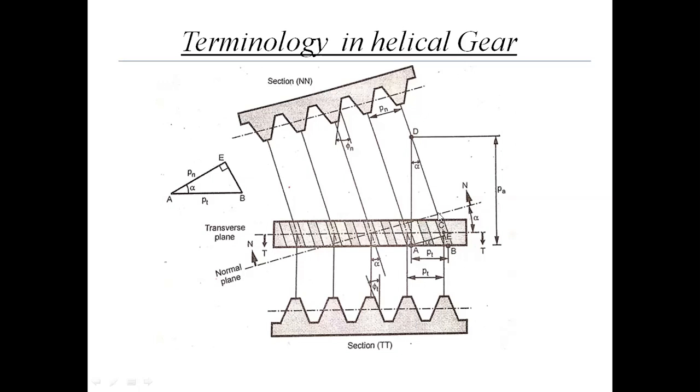When the teeth are making angle alpha with the axis of rotation, the line perpendicular to these two lines is again making angle alpha.